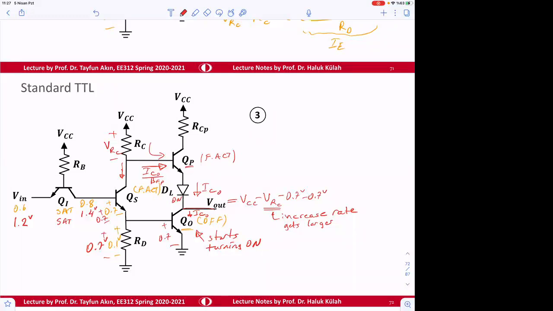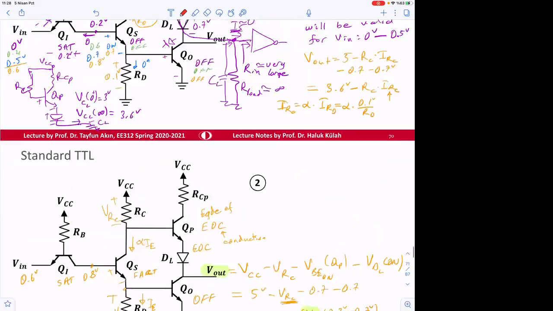Therefore we see another breakpoint here.